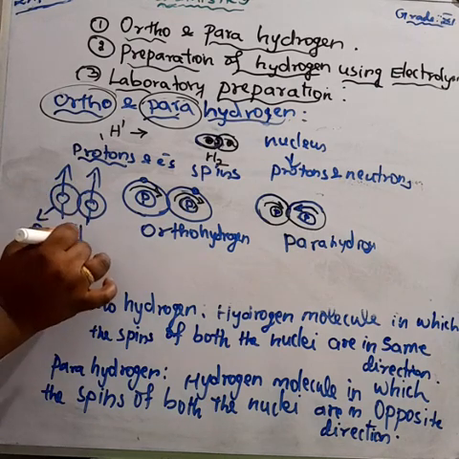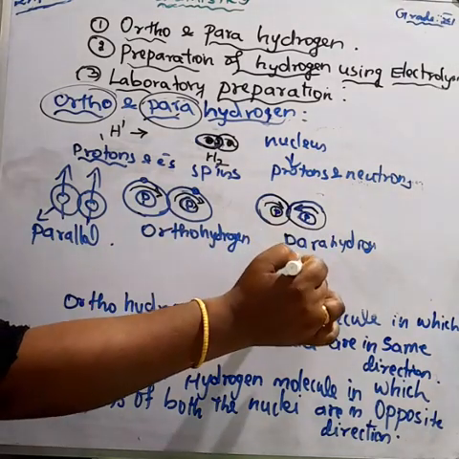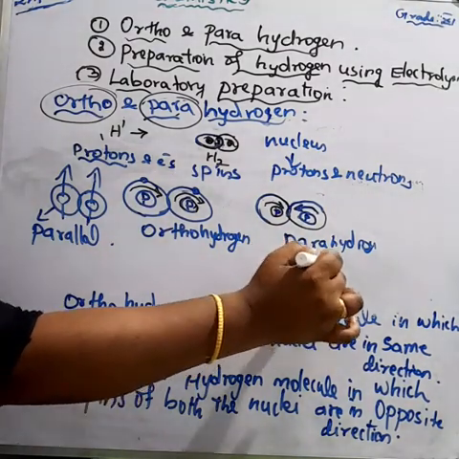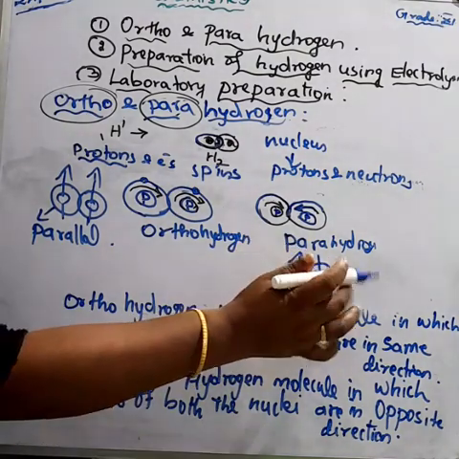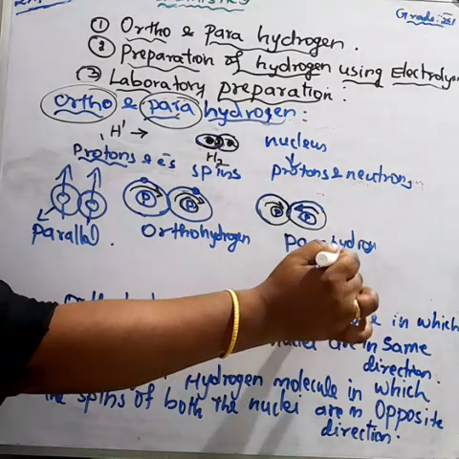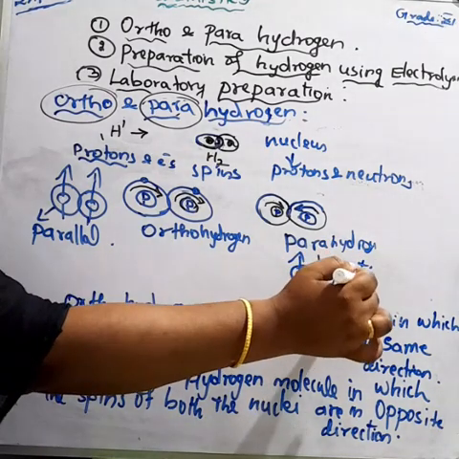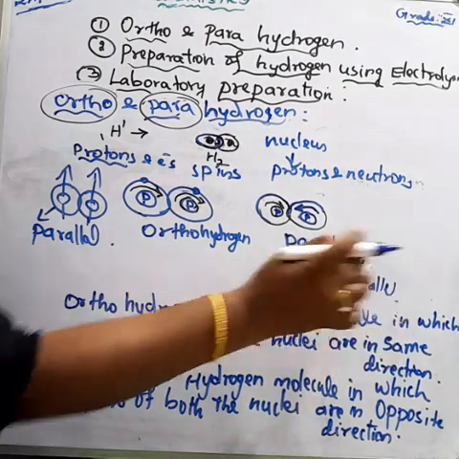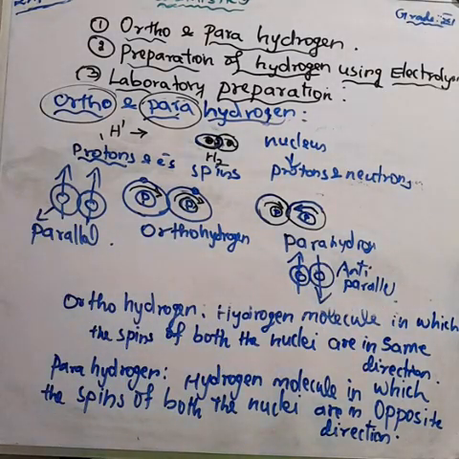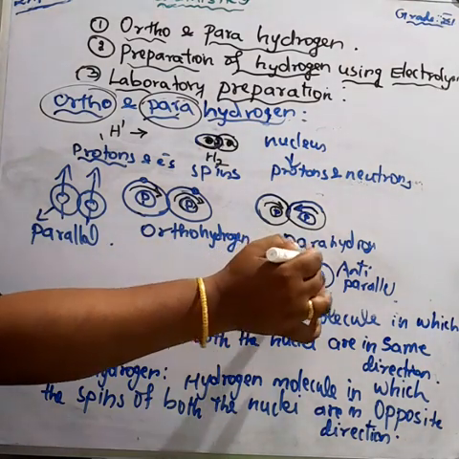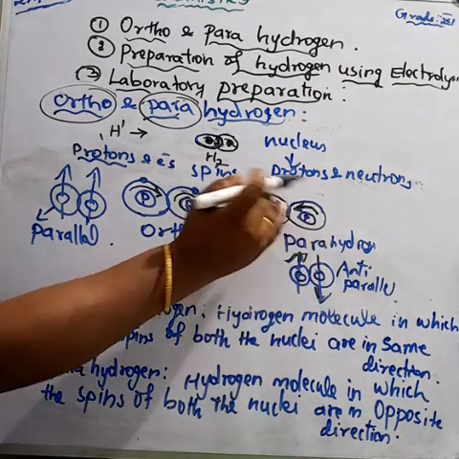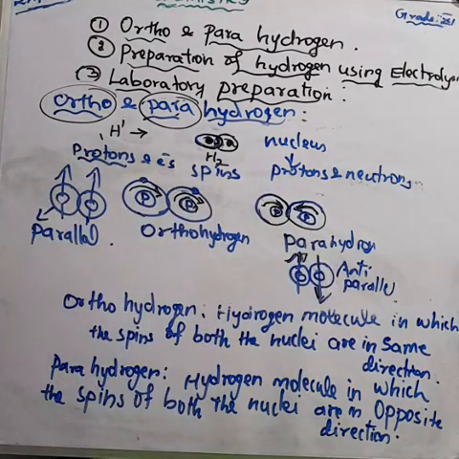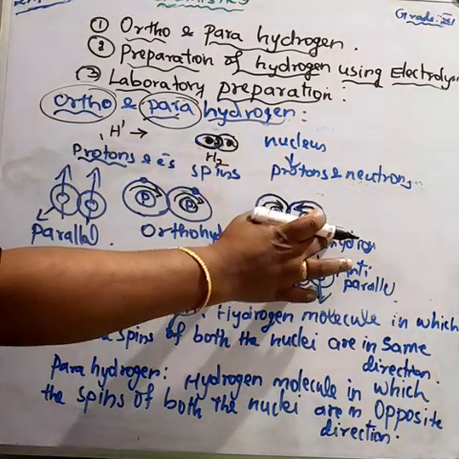The spins which are anti-parallel, or in the opposite direction, with one proton spinning this way and the other proton spinning the other way, this is anti-parallel, opposite direction, and this is parahydrogen.